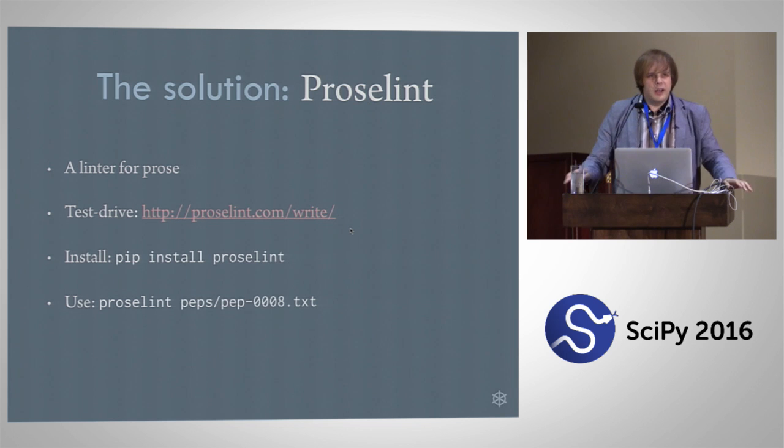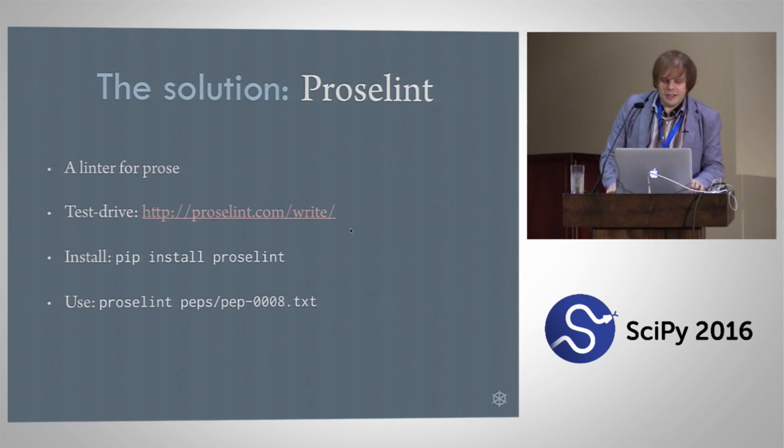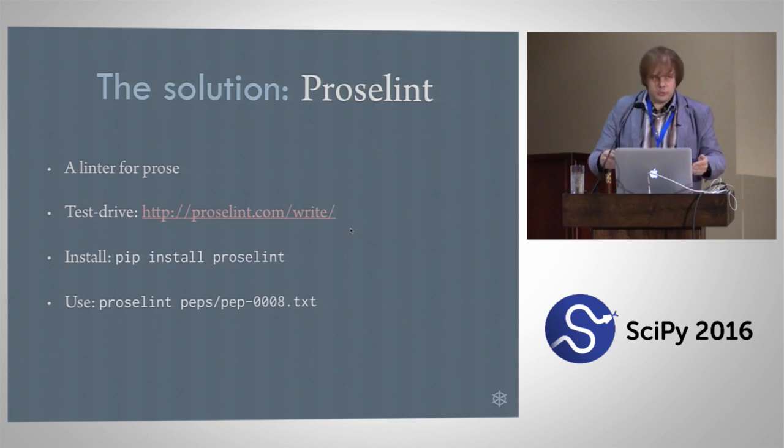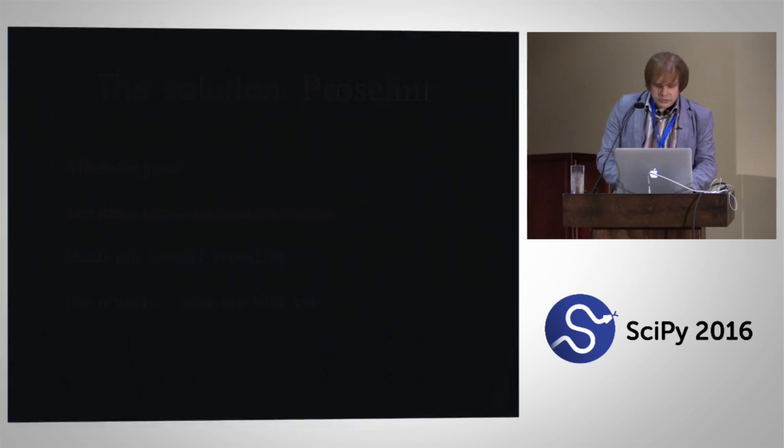For example, I got the PEP repo from GitHub, and the style guide for Python is PEP 8 for how to write with the appropriate style. So let's go and check that for what Proselint says about it.